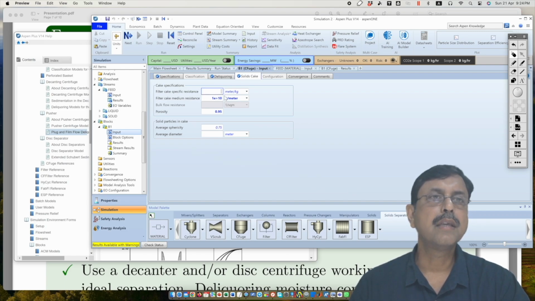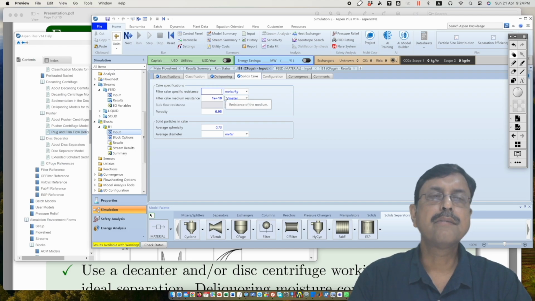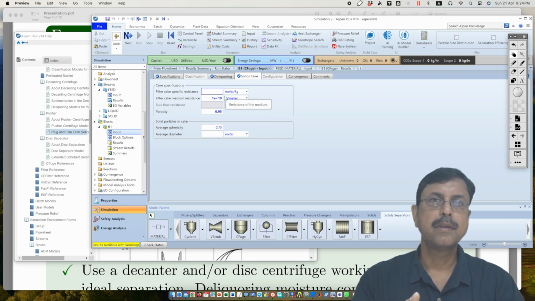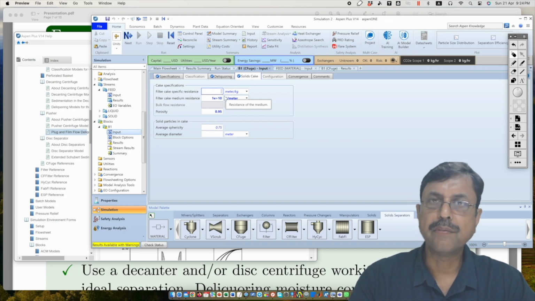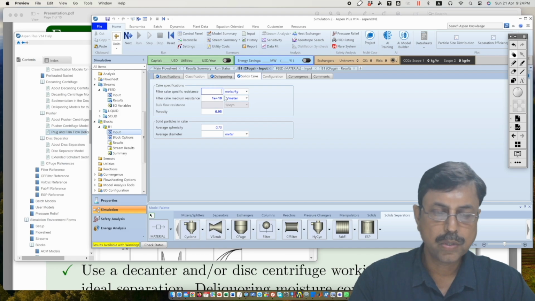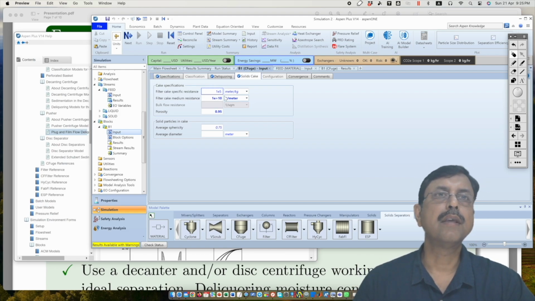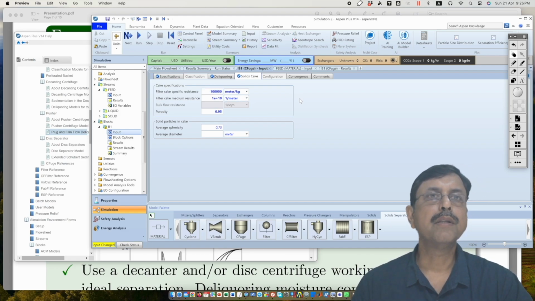Let us give some filter cake specific resistance so that the flow rate decreases and doesn't become 0. So we give this much meter per kg and we run it.